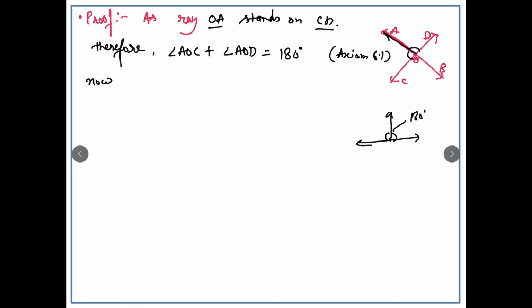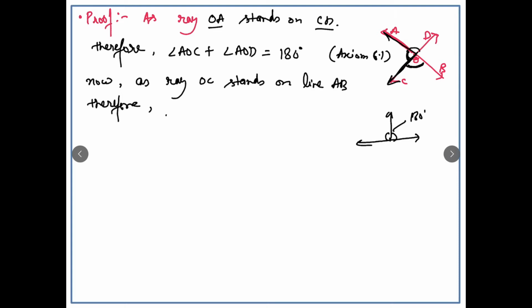Okay, now we'll take ray OC standing over line AB. As ray OC stands on line AB, again this will make two angles and their sum has to be equal to 180 degrees.